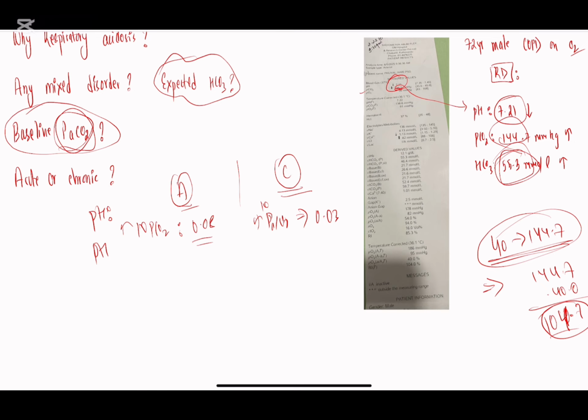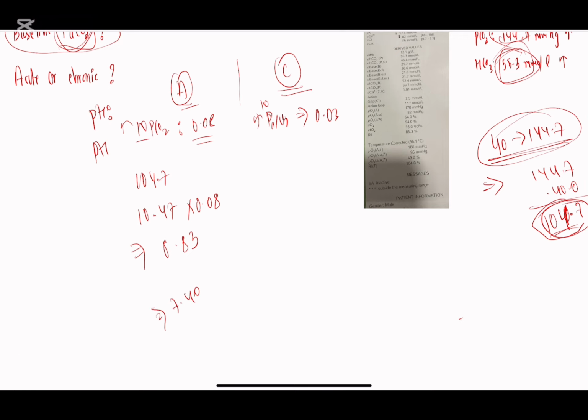Now we have change of PaCO2 of 104.7, so for acute, 10.47 into 0.08 is 0.83. 7.40 minus 0.83 is 6.57.